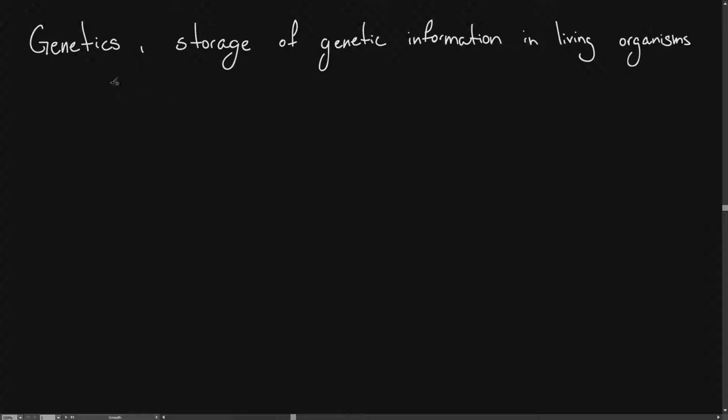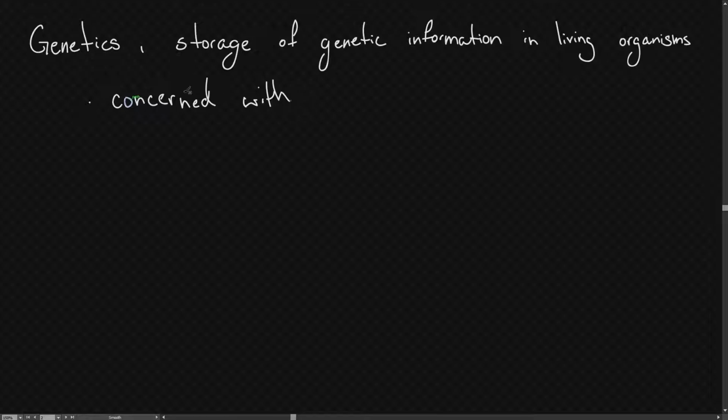Our first definition is genetics, the storage of genetic information in living organisms. And this is concerned with how this information is passed from parent to offspring.